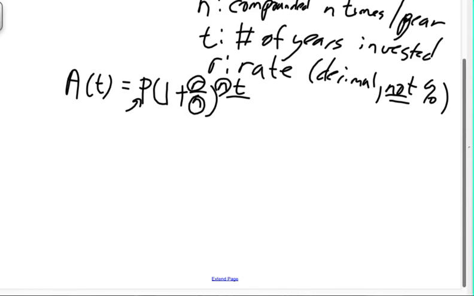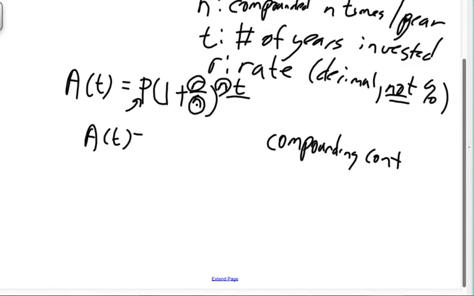Now, that is for discrete time periods, but if you're compounding continuously, it's a little bit different. It's still P, except now it's e to the RT. And you just plug these things in.